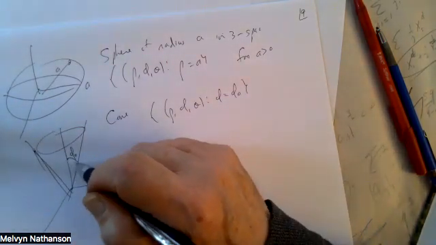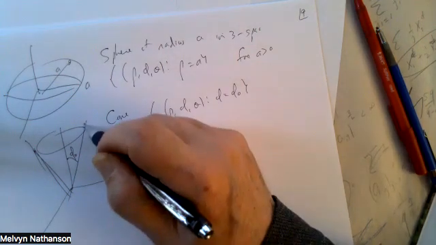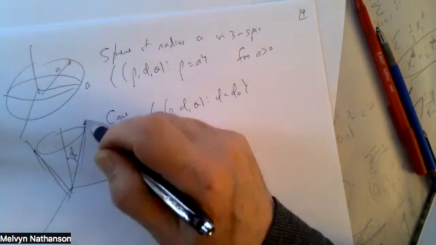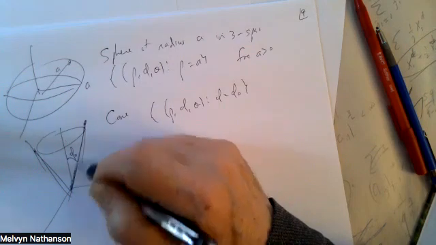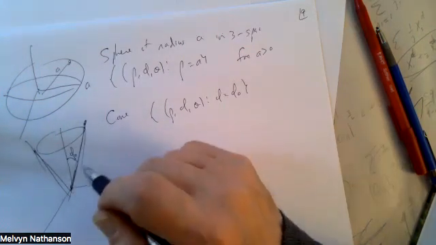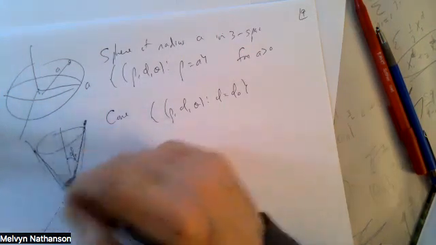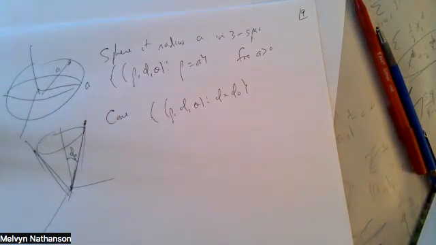That is, you take all the points in space where when you draw the straight line to the origin, it makes an angle phi naught with the z-axis. You can rotate that around any way you like. And that's what it is. So that's a cone in spherical coordinates.